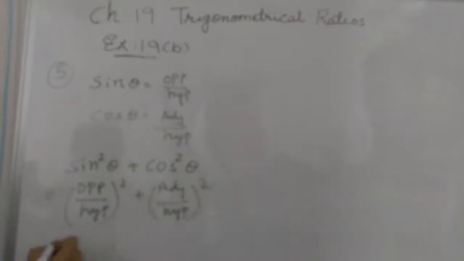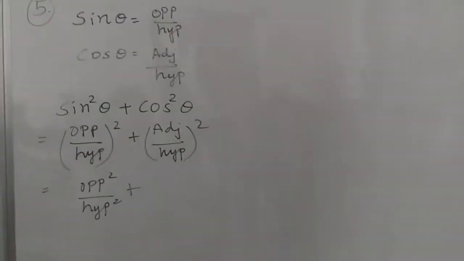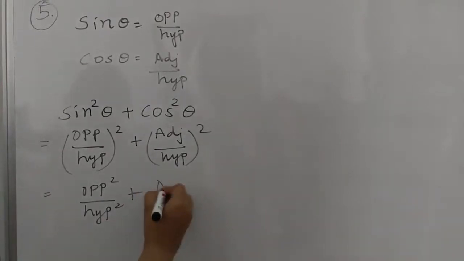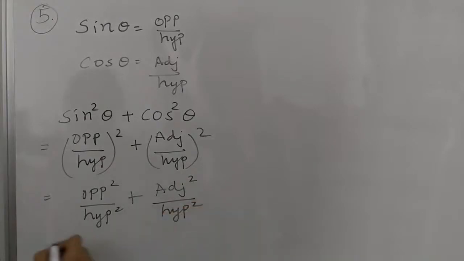So now opposite square upon hypotenuse square plus adjacent square upon hypotenuse square. Now adding, as the denominators are the same, we can add the numerators like this. The denominator is hypotenuse square as it is. So here what is opposite square plus adjacent square?